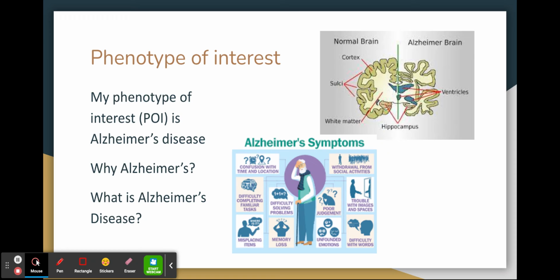Tangles are twisted fibers of another protein called tau that build up inside of cells. Everybody has plaques and tangles, but people with Alzheimer's have developed many more of them, specifically in areas affecting memory. This is thought to possibly block communication between nerve cells.